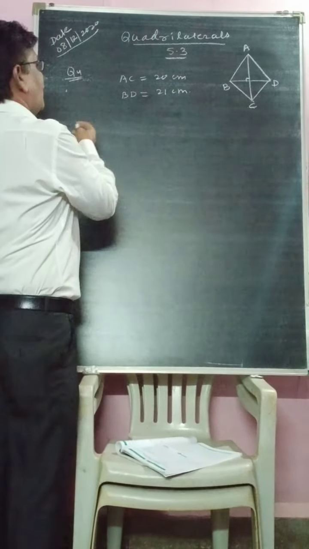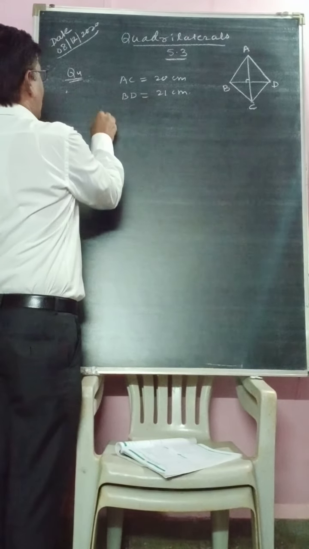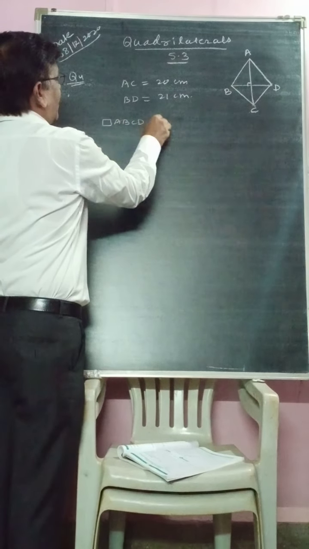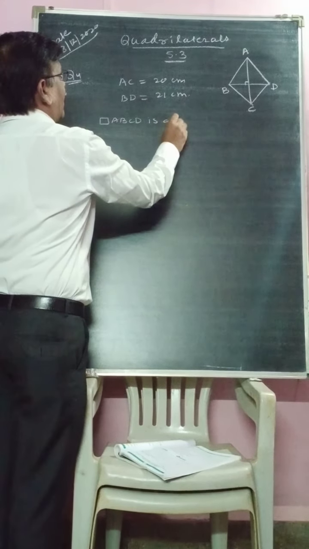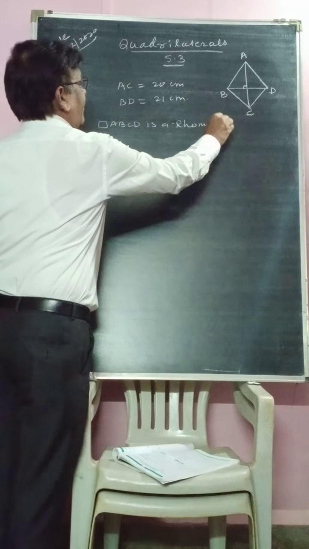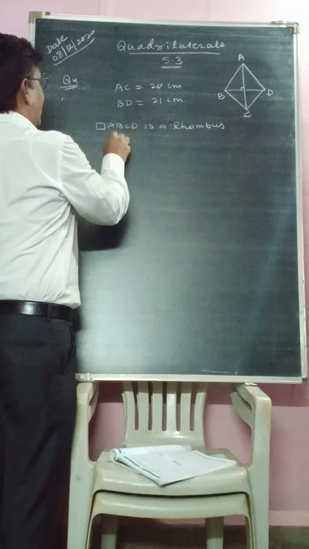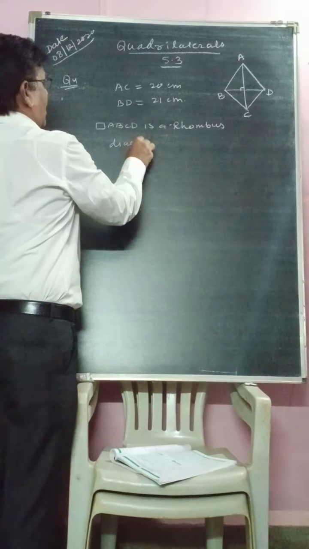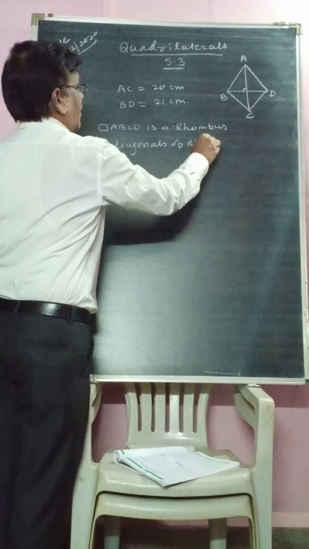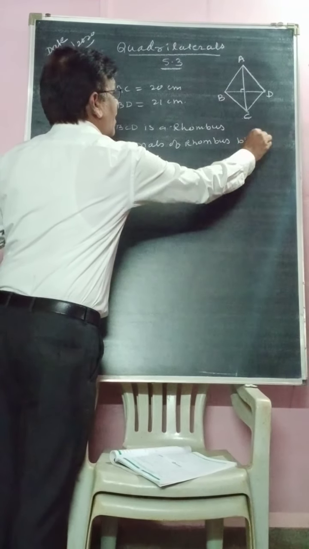First, you have to write down the property. Quadrilateral ABCD is a rhombus. Therefore, the property is: the diagonals of a rhombus bisect perpendicularly.